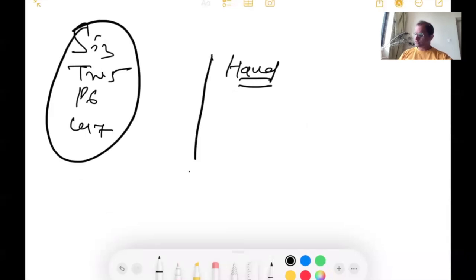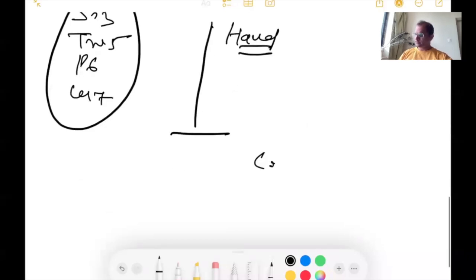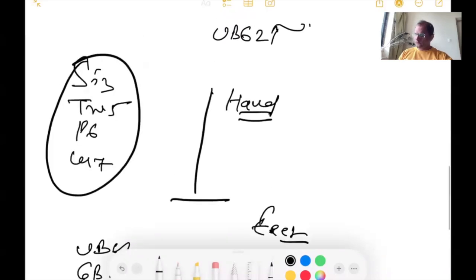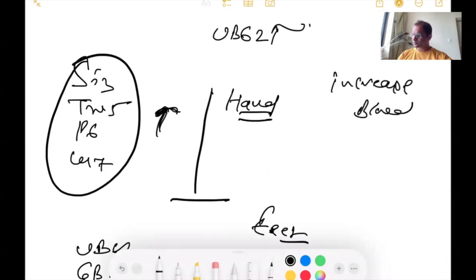And some points are in the legs and feet: urinary bladder 62, gallbladder 41, spleen 4, and kidney 6. If you are tonifying the upper points, they will increase blood pressure.